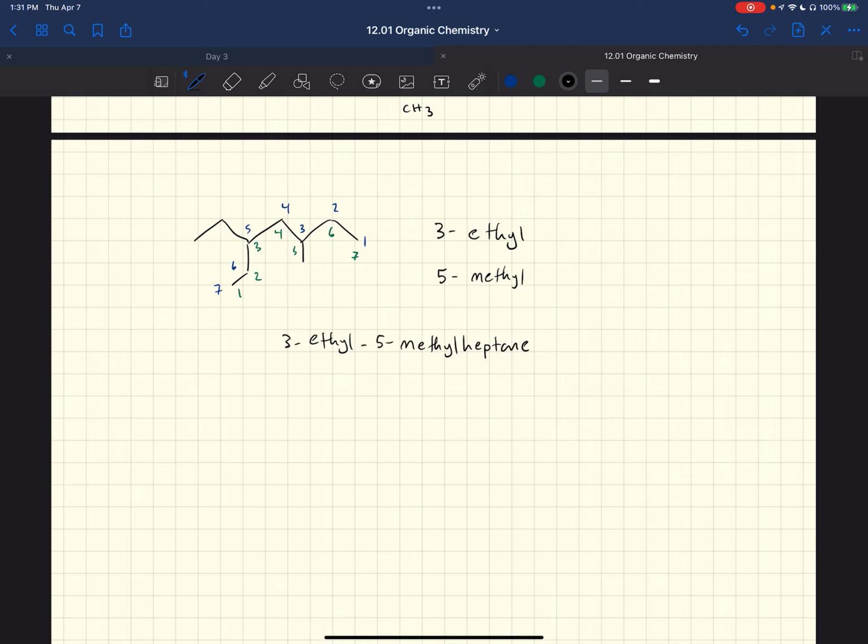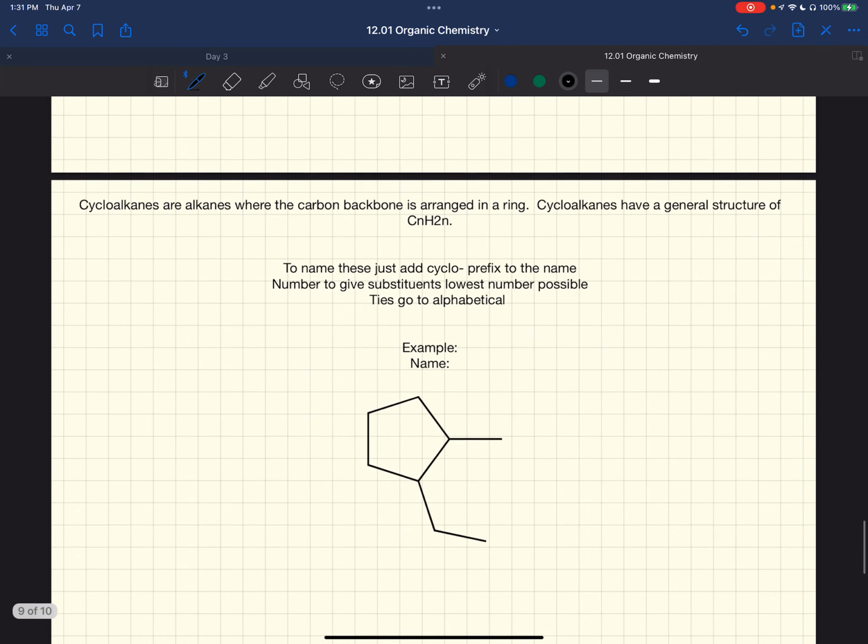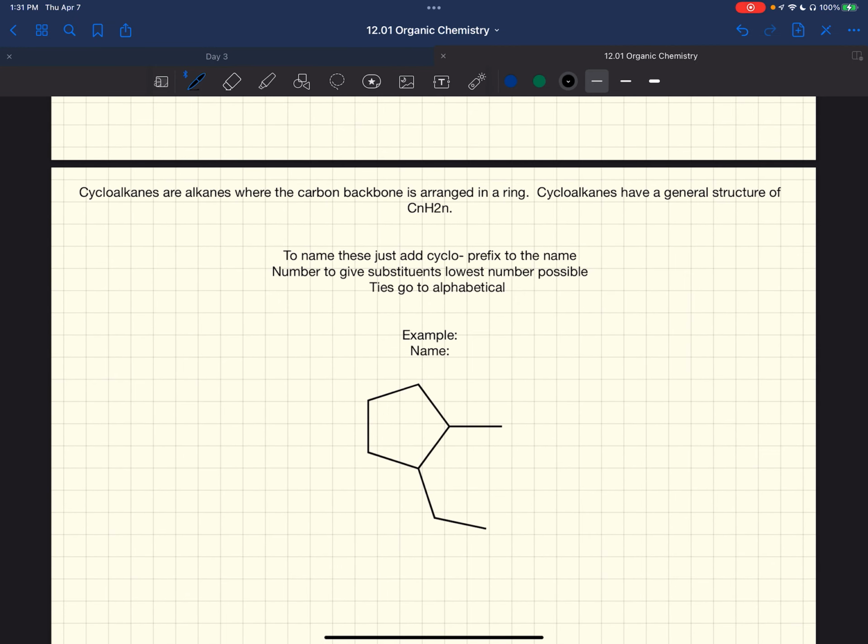Okay, so we've done plain alkanes. We've done branched alkanes. Now the other thing that can happen is that these carbon chains can form rings like this one. These are called cycloalkanes. So cyclo meaning rings, kind of like a bicycle tire, a cycle.